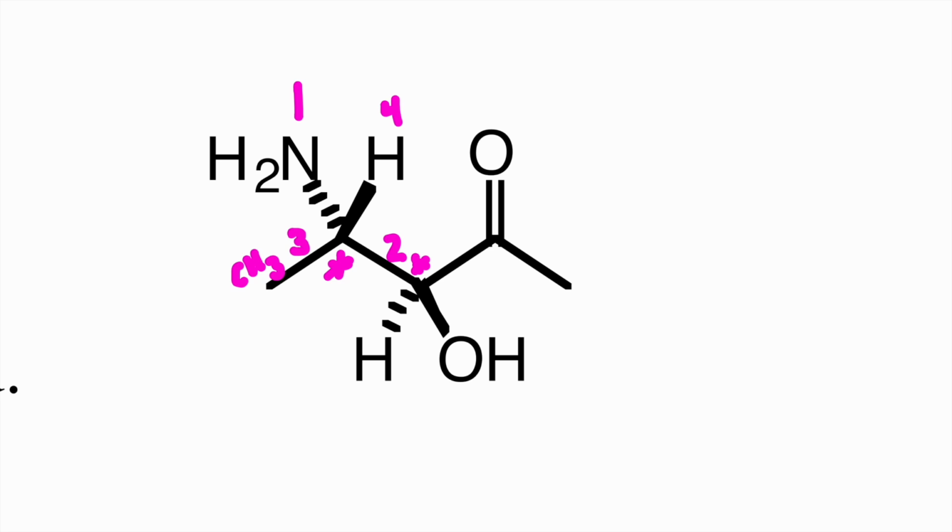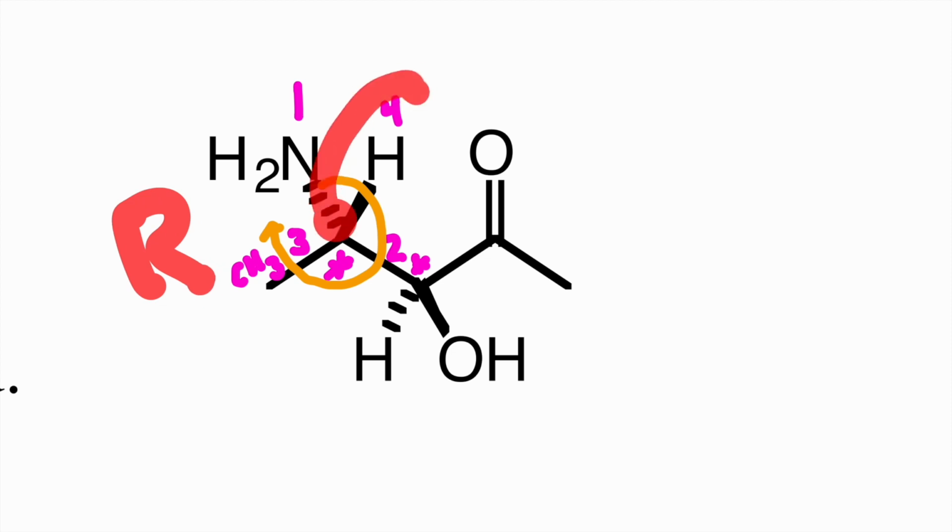This will get a 3. And now I skip the hydrogen, the number 4. I go 1, 2, 3. I'm going clockwise. So clockwise is an R, but you go, oh wait, H is a wedge, not a hash. So this gets an S.